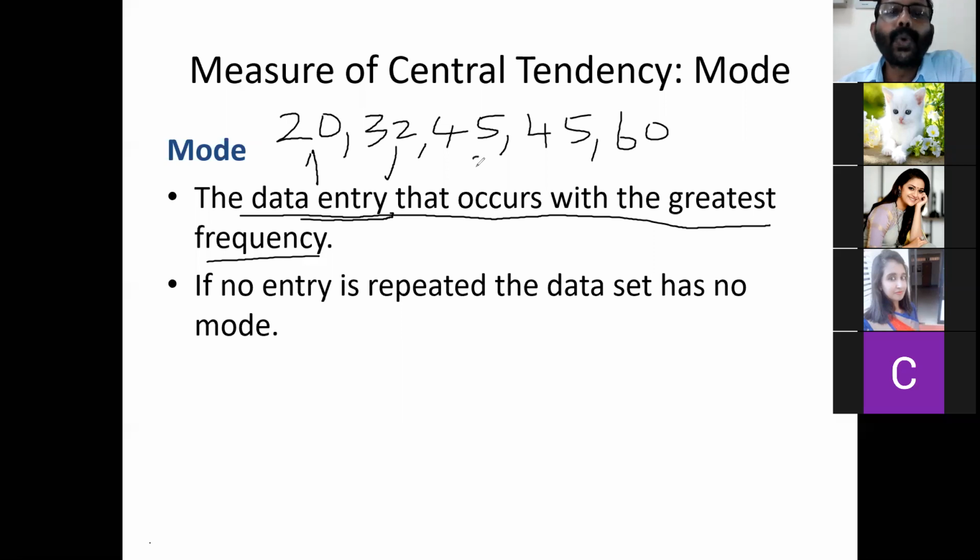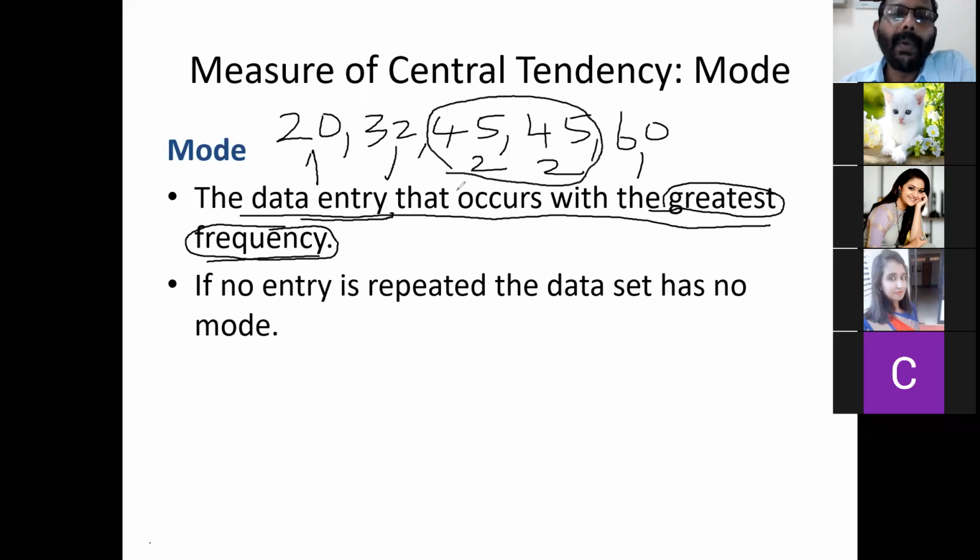Two times. How many times 60 occurring? One time. Now tell me which is occurring with the greatest frequency. 45. That is the answer. 45 is the mode in our data set because 45 occurs twice, and the rest of the data occur only once.